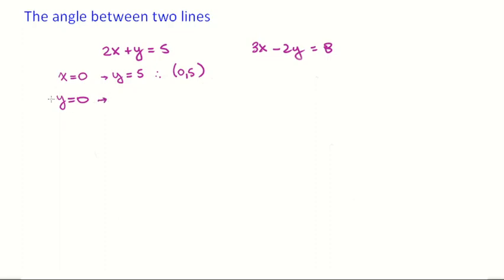If I take y to be 0, my x would be 5 halves. So the point (5/2, 0) is in that line as well.